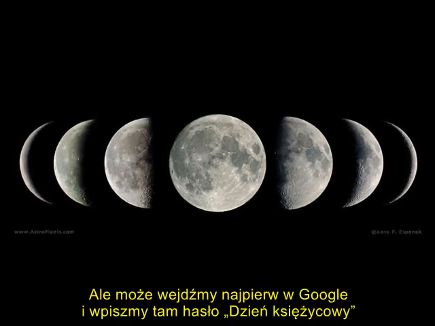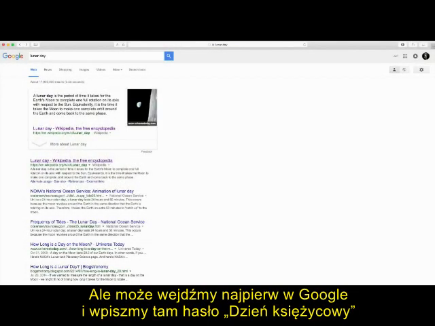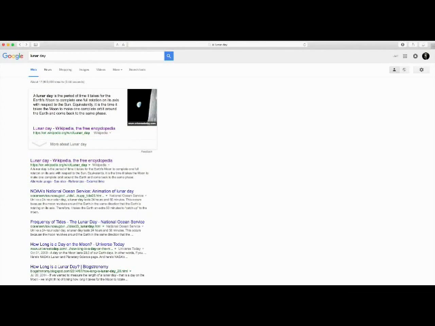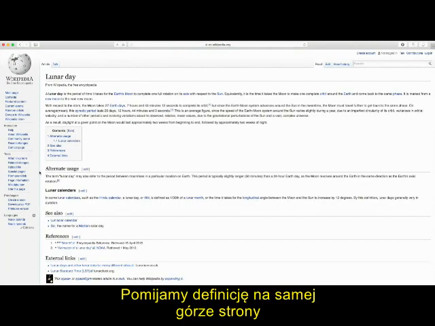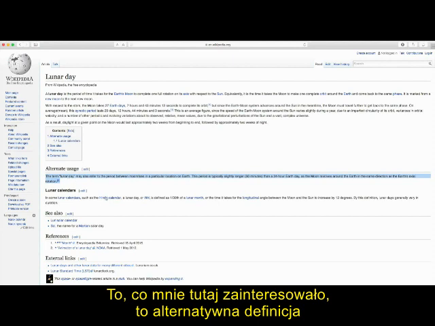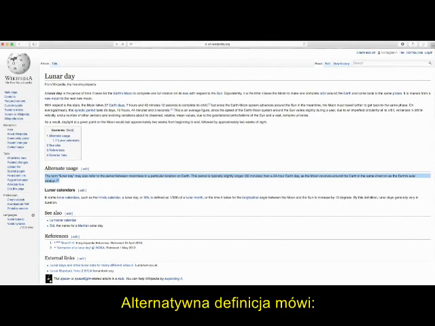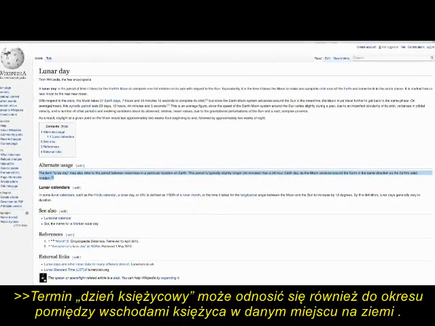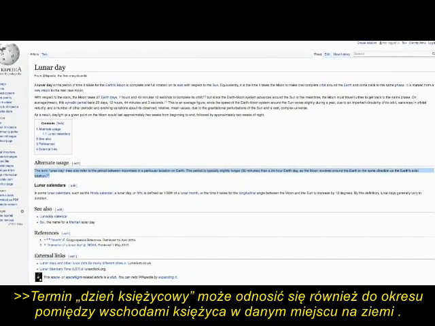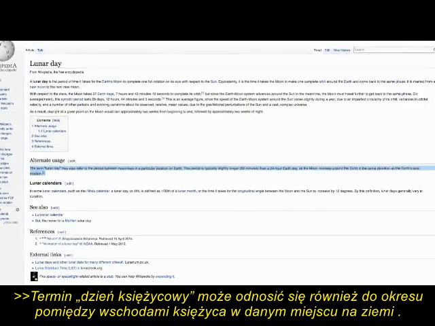But let's start off by going to Google and typing in lunar day. And when we type in lunar day and we click on the Wikipedia link, we could skip over this top definition, and what I'm interested in is this alternative usage definition. The alternative usage definition says, the term lunar day may also refer to the period between moon rises in a particular location on Earth.